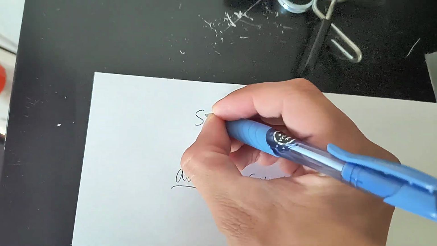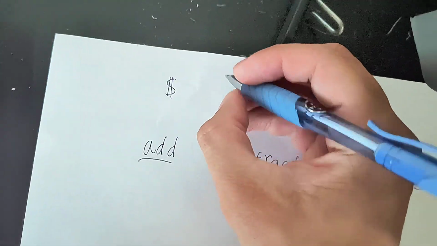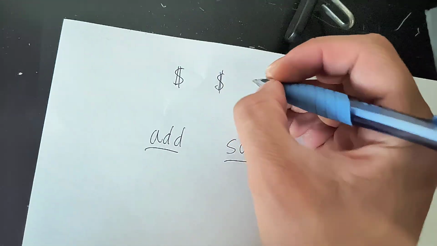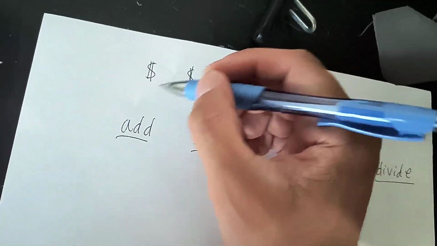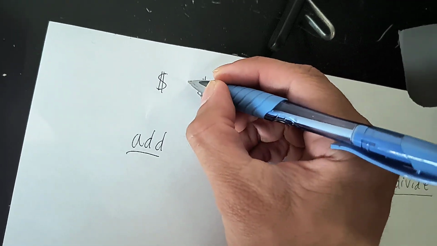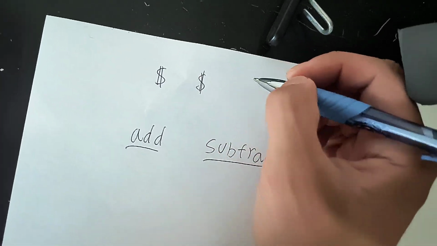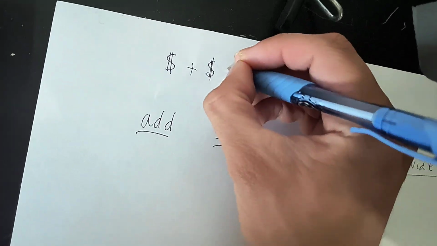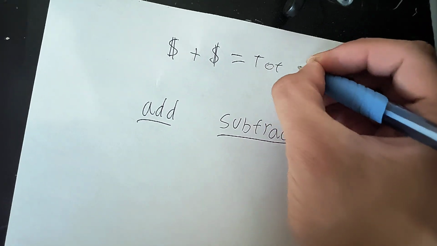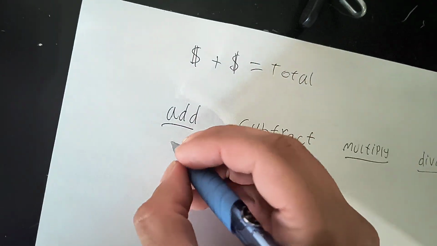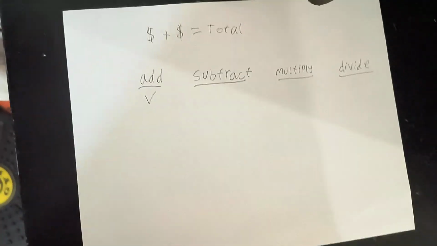You have the price of one product, and then we have the price of another product. So we would have to find the total of both products, which means we have to combine how much each costs, which is adding. We'll find the total. So we would add to figure that out.